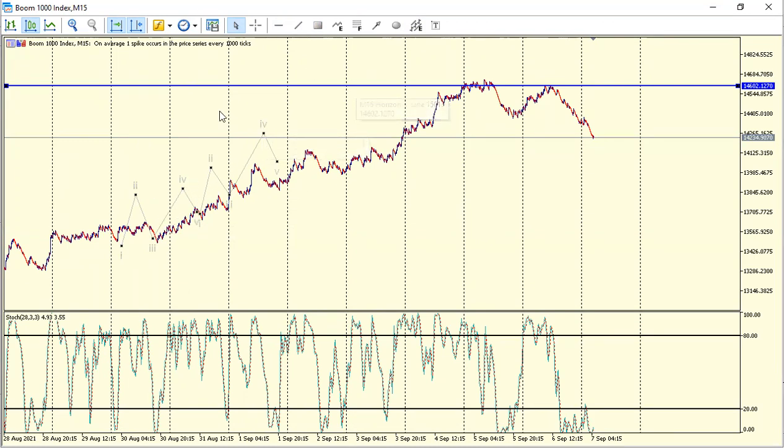In an uptrending market, price can never go straight up. It will always go up and down, creating higher highs and higher lows, or lower highs and lower lows. That's how price works in the market.